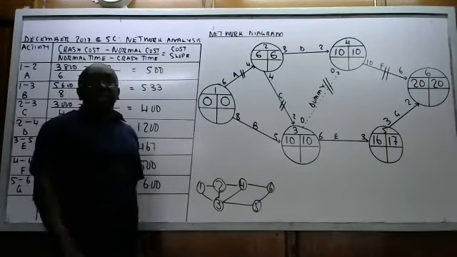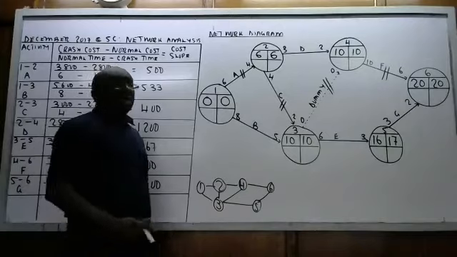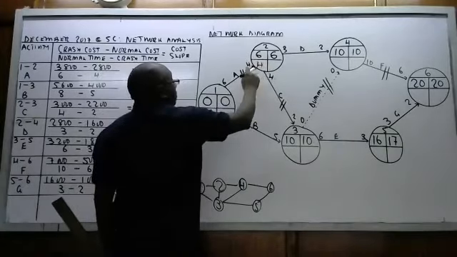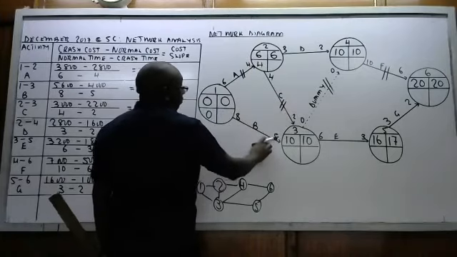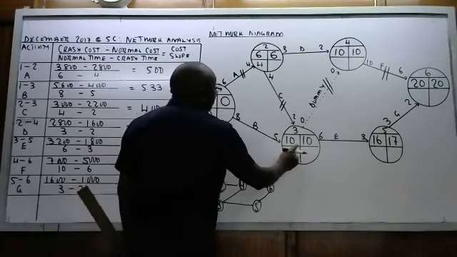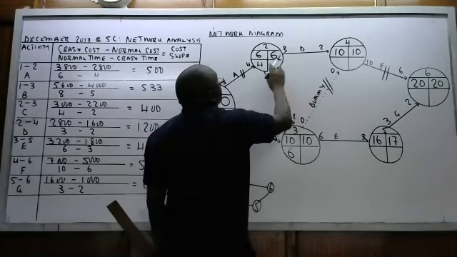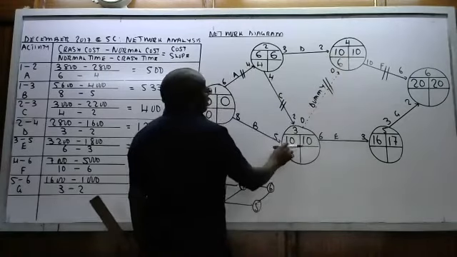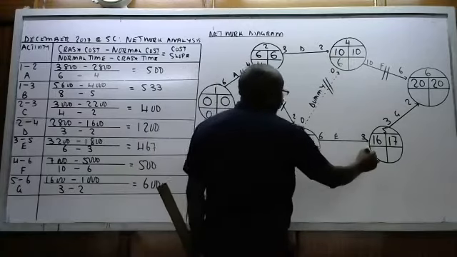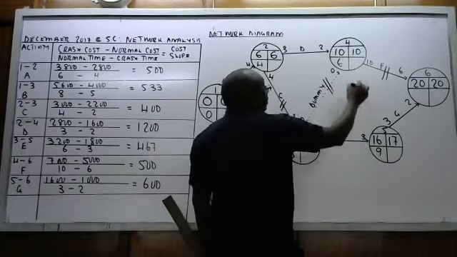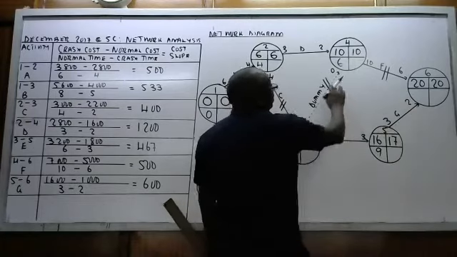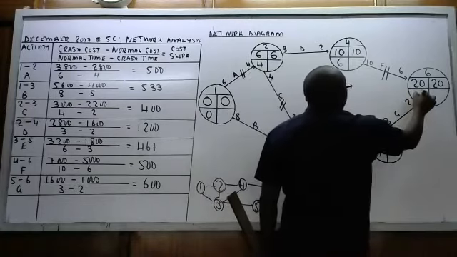Then we do the same thing with the crash. So this is 0 plus 4, that is 4. 4 plus 2, 6. This is 5, so we go for 6. 6 plus 0, 6. This is 6. So both of them are 6. Then 6 plus 3, 9. 9 plus 2, that is 11. 6 plus 6, that is 12.